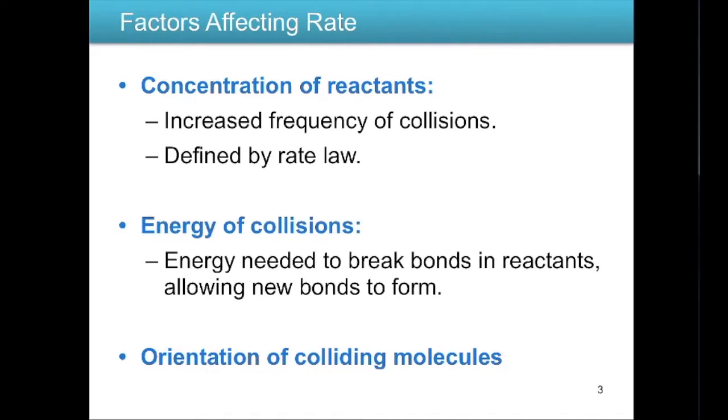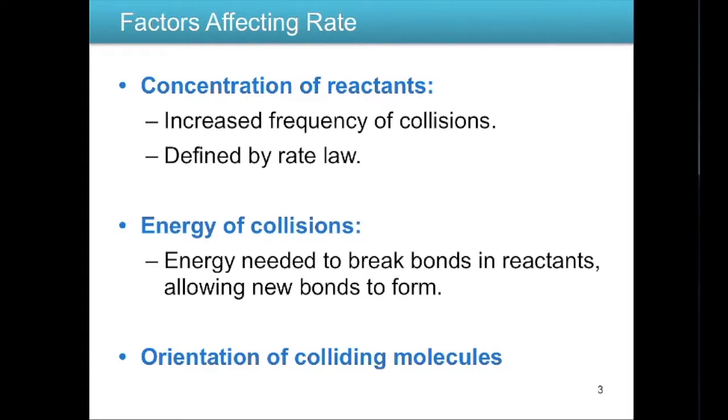Just because a molecule collides with another doesn't mean a reaction is going to happen. It has to collide with enough energy to rearrange the bonds, exchange electrons, and do whatever else it has to do to create products from reactants. And the orientation of the colliding molecules also matters.